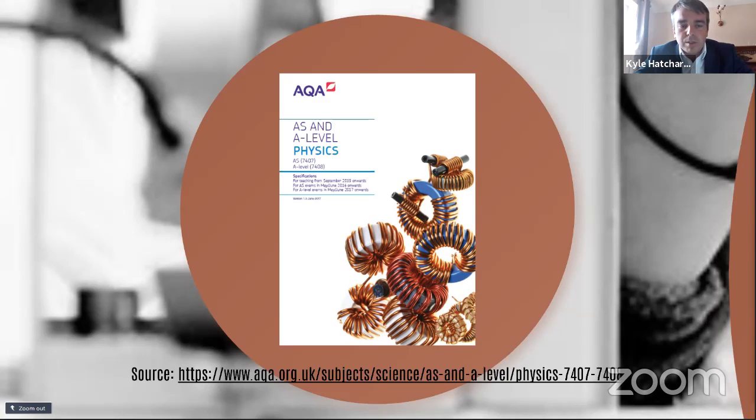So there are 8 core competencies within physics. That covers measurements and their errors, which would, for example, be covered by our calibration equipment, the TD400. Particles and radiation. We've got waves, mechanics and materials, electricity, further mechanics and thermal physics, fields and their consequences, and nuclear physics.